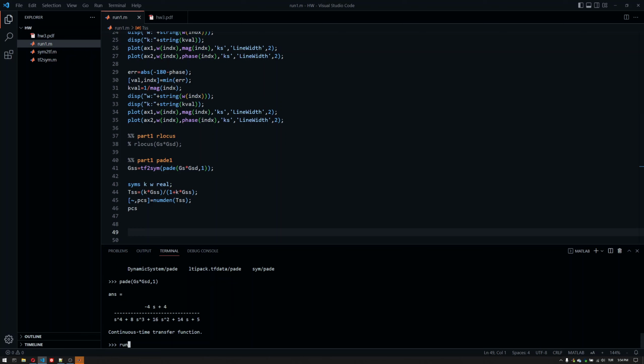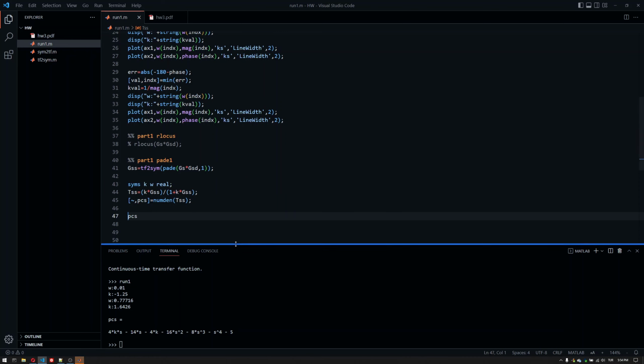So let's run it again. This is PCS. Now, of course, I'm interested in the stability, so what I can do is I can use the following.